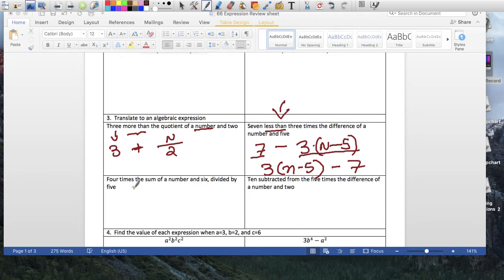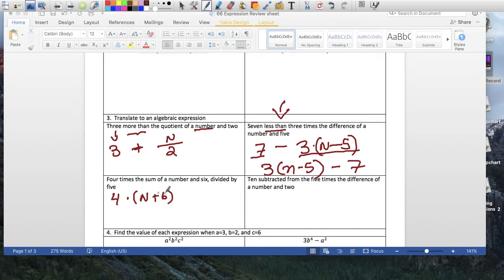Okay. Next one, 4 is 4 times the sum of a number and 6. I have to multiply 4 times whatever I add. I have to add these two first and then multiply by 4, and therefore I have to protect that addition with parentheses.